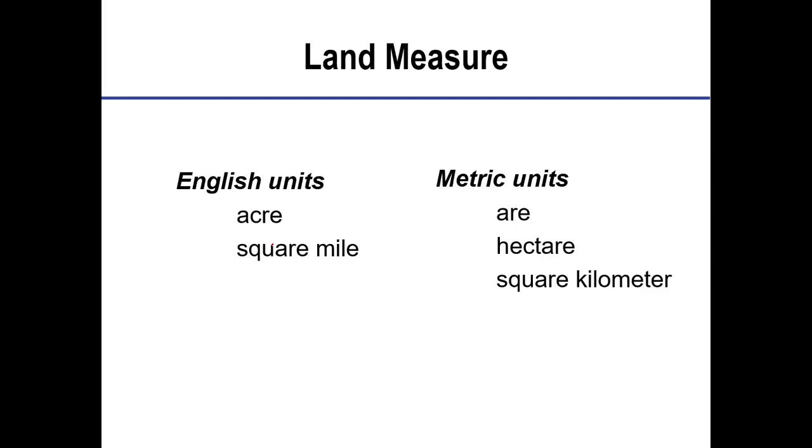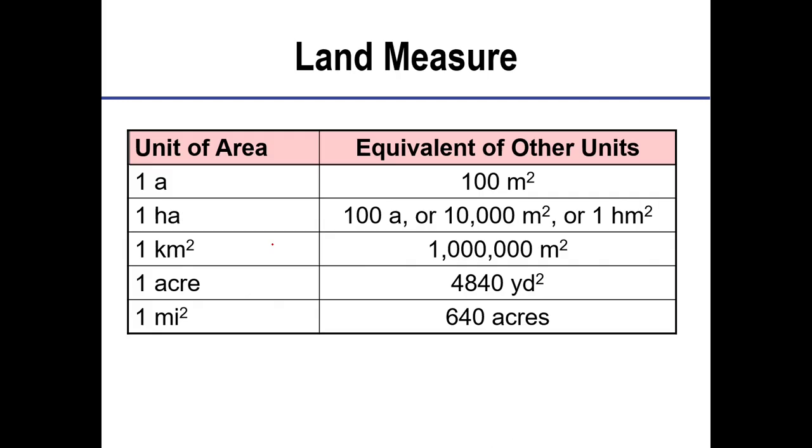So here are the land measure units. The English units consist of acre and square mile, and the metric units are hectare and square kilometer. Here is a nice table to look at the conversion units between land measure.